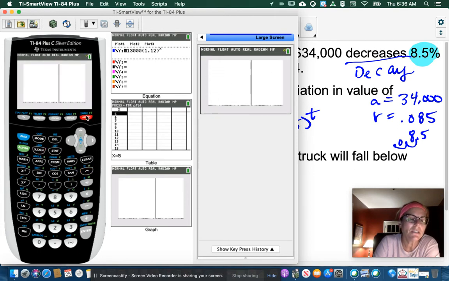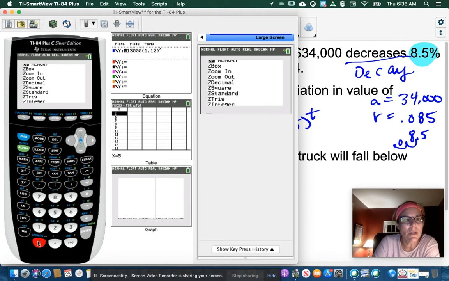I'll probably have to hit zoom fit again, or zoom 0. It's the same thing. It looks good. I know it's going down and to the right, and it needs to because it's a decay. I'm going to just hit zoom 0 just to see what happens if my graph changes at all.